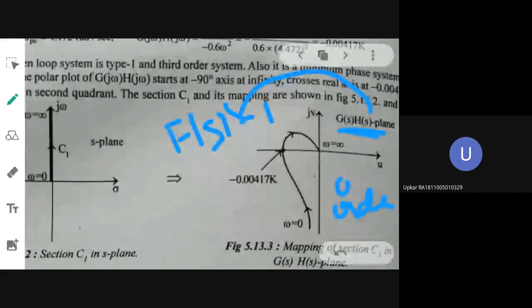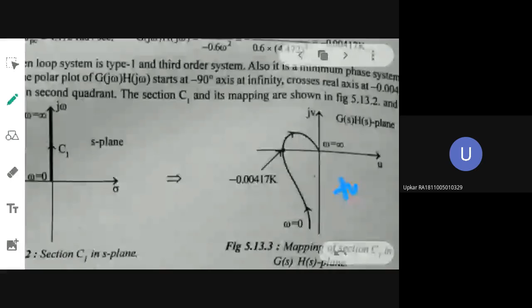So this first quadrant is order 0. Type first, let me discuss. This is type 0, this is type 1, type 2, type 3. What type is our system, according to the problem statement? Type 1. So in which quadrant is it going to start?